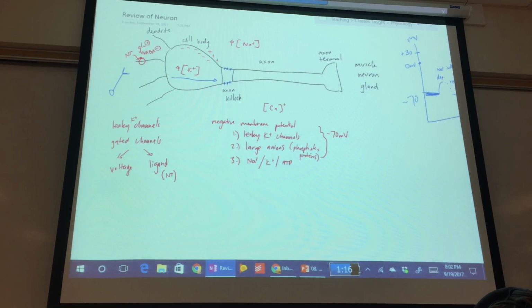Depolarize, right? So I would expect the curve to go up. Why? Because I have sodium coming in. This causes sodium to come in, and sodium going in causes a depolarization. And opening up one of these ligand-gated, one of these neurotransmitter-gated channels over here causes some sodium to come in.